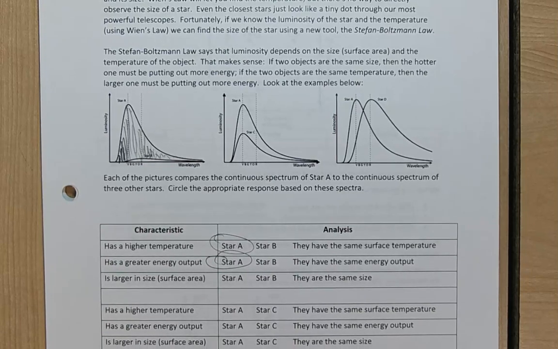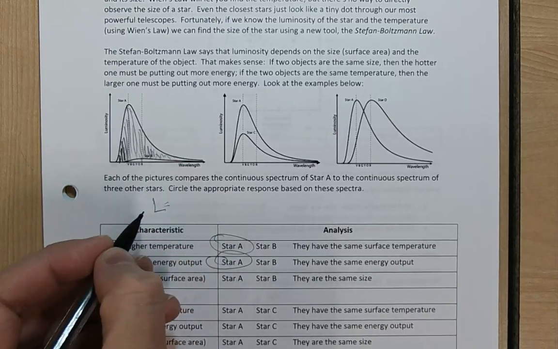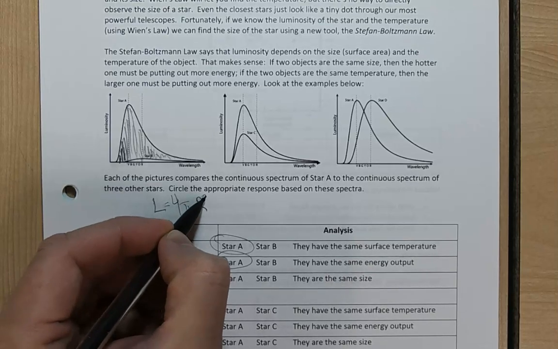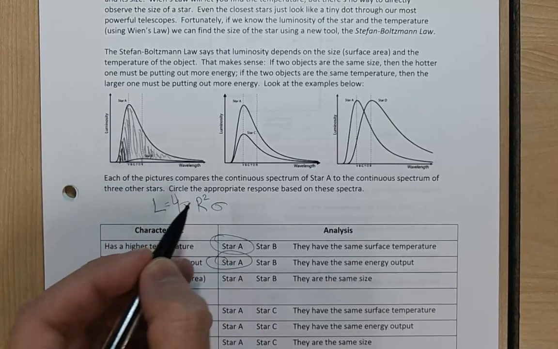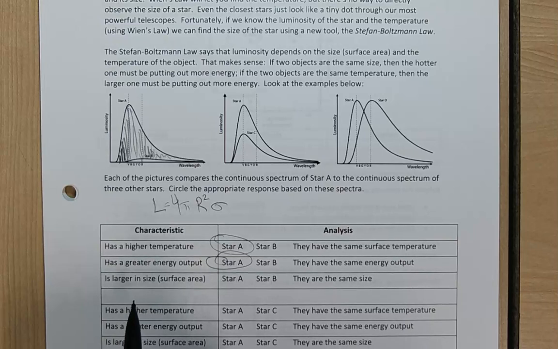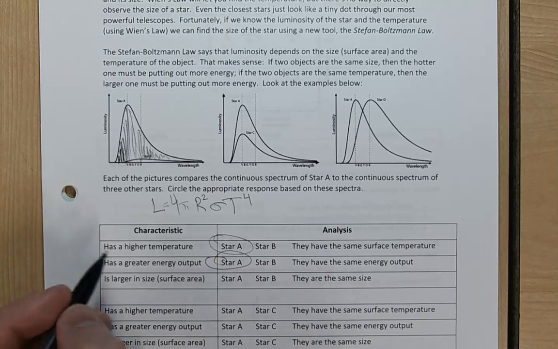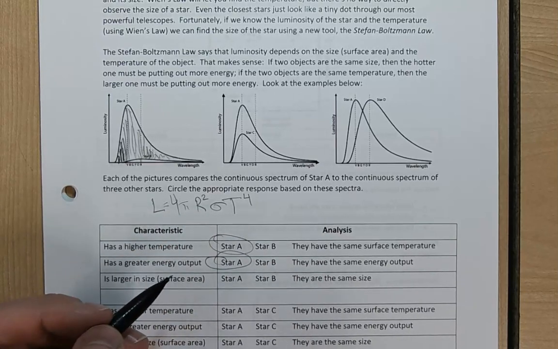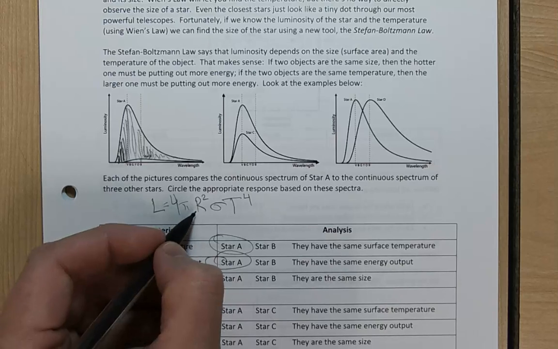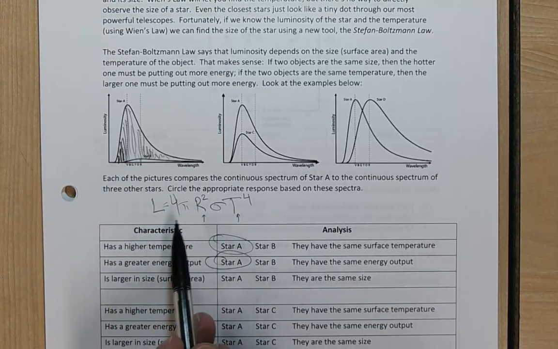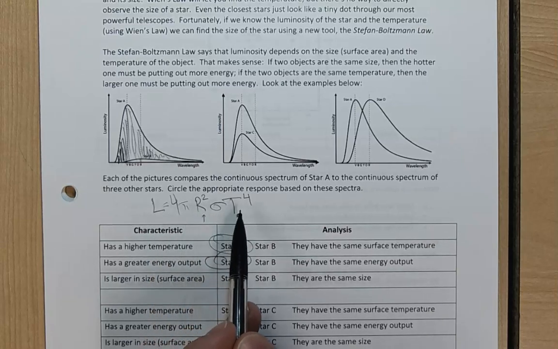Well, now this is where A and B could be tricky, because the luminosity of the star is 4 pi times the radius squared times sigma, the Stefan-Boltzmann constant, times the temperature to the 4th power, right? So the 4, the pi, the sigma, those are all constants. The only variables are radius and temperature. The star can be bright either because it's big or because it's hot or both.